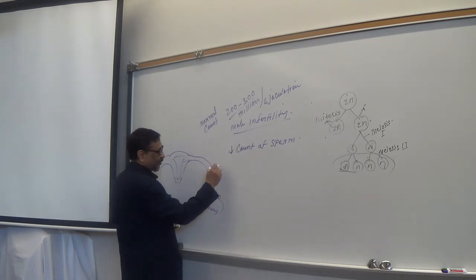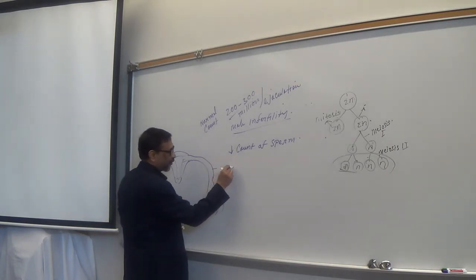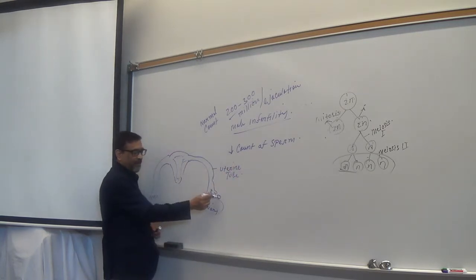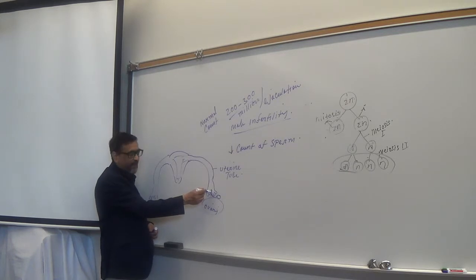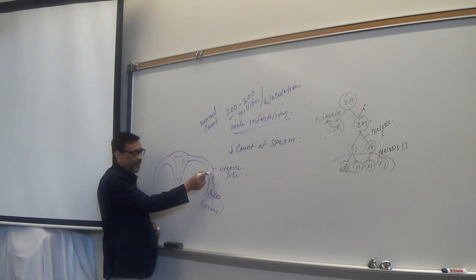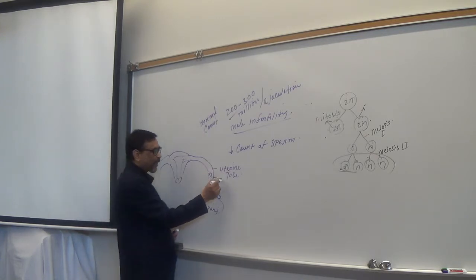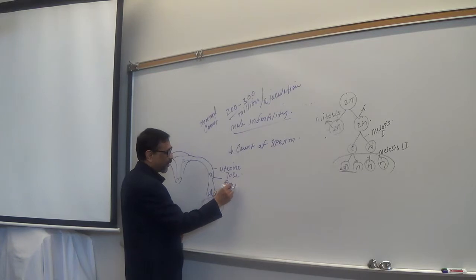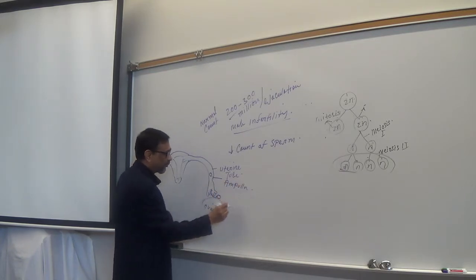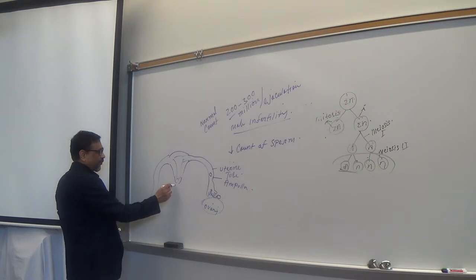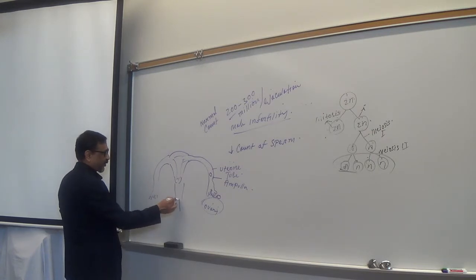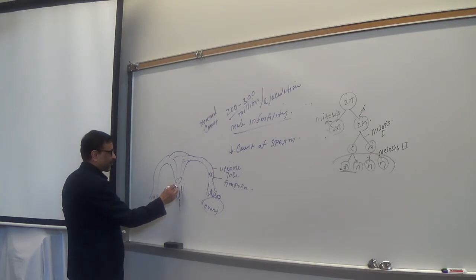This is the uterine tube, you must remember. So egg will be taken into the uterine tube, right? And egg is kind of slow, will slowly move, and when it arrives here, that's the ampulla of the uterine tube. And sperm, this is the female reproductive system, 100 million sperm enter into the female reproductive system.